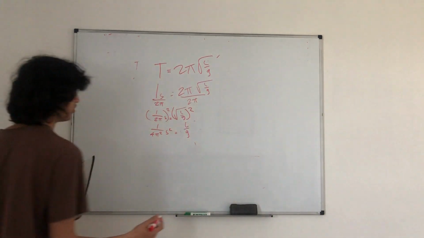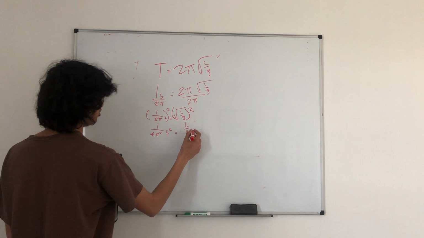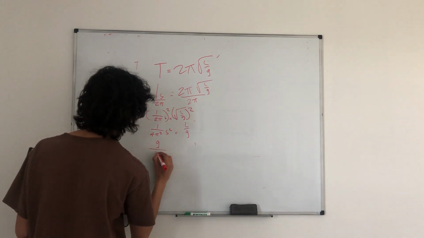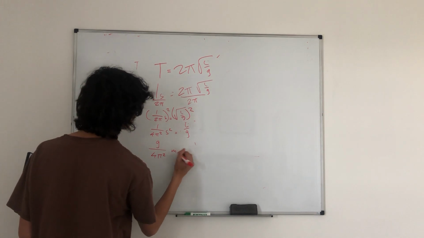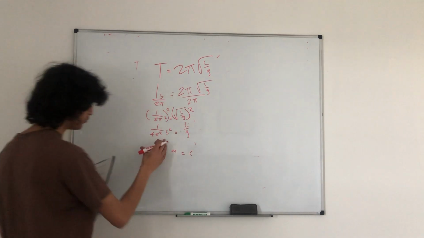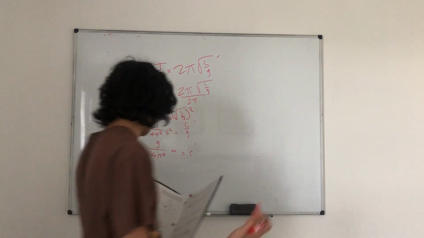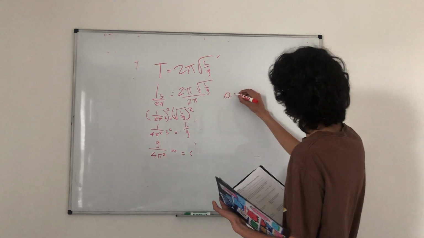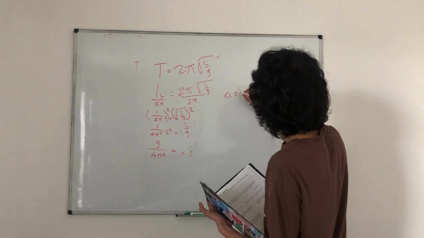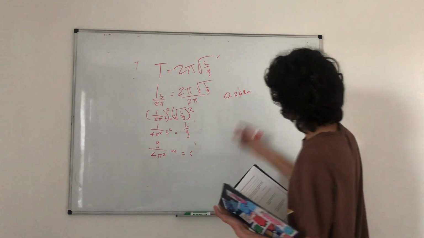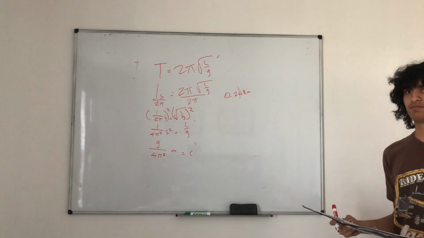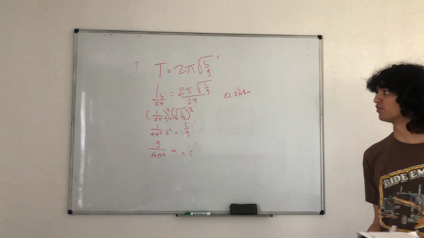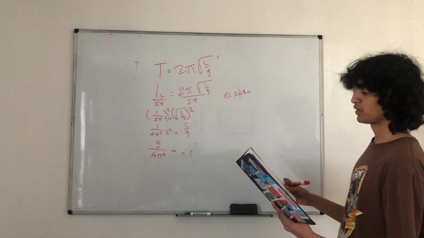Okay, so multiply both sides by g, you get g over 4 pi squared, and this will end up being meters. That's our length. If you plug this into your calculator, I got 0.248 meters. And there you go. That's how long a grandfather clock's thingamabob is. Actually, I think it is called a bob. So yeah, there you go, thingamabob.